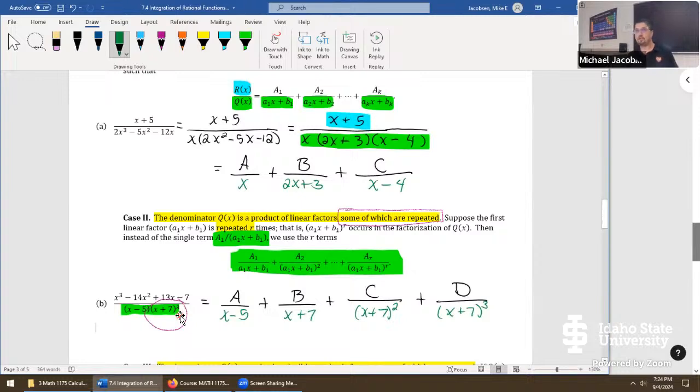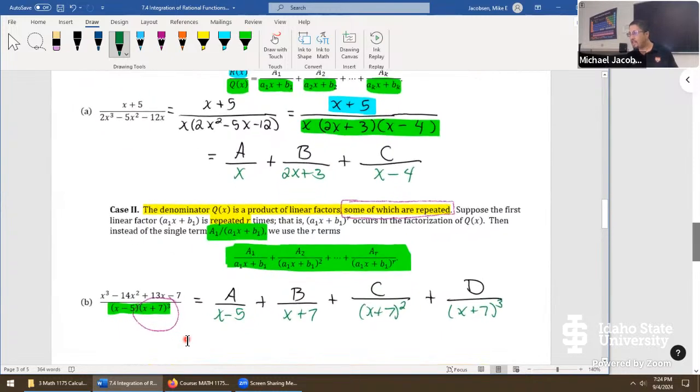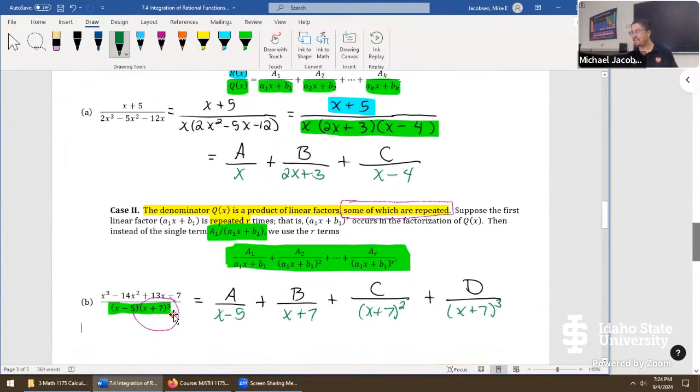Oh, the zoom might have been weird on that. Let me try and get a better zoom going. Yeah, this one was to power 3. Sorry about that. Was that what your question was about? Yeah. Gotcha. So whatever this power happened to be, you start at power 1 and end on that particular power. Any other questions at the moment?